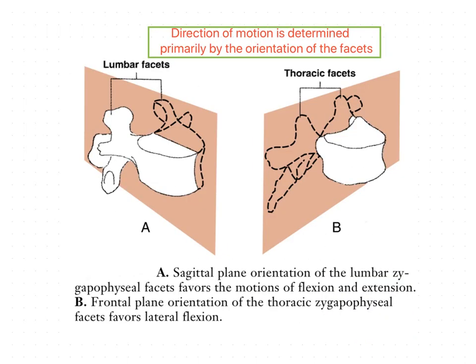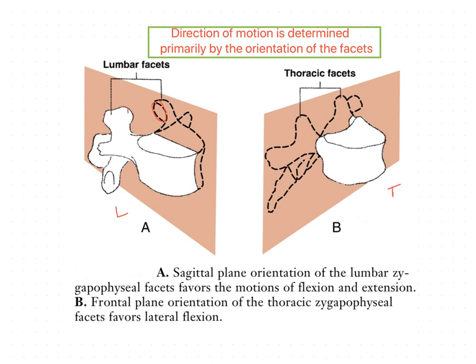So what is happening? In the previous part we understood that the size of the discs affects the range of motion, whereas now the orientation of the facets is going to affect the direction of the motion. For example, here we have two vertebrae, one at the lumbar level and another at the thoracic region.